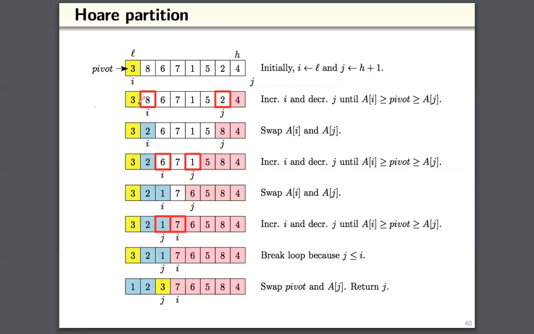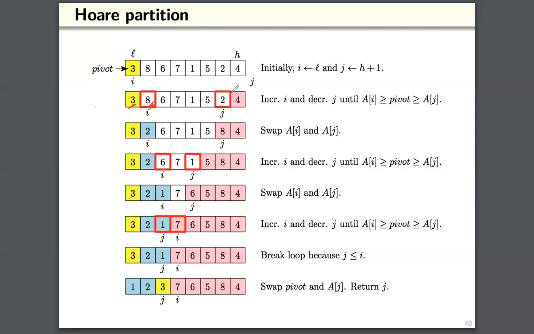So what is the idea here? The same idea. Remember all those blue cells, red cells? We will use the same idea. So increment i, you get, say, 8. Whenever A of i is greater than the pivot element, you stop. So you stop here.